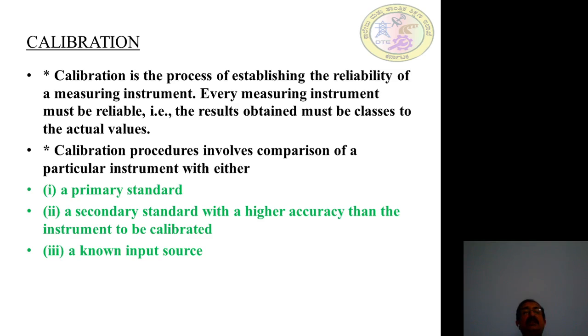If the instrument you are using is not up to the standard, then whatever reading you are getting is in error. And finally in production, the item you produce will be defective. So it is very important to calibrate all instruments as and when required.